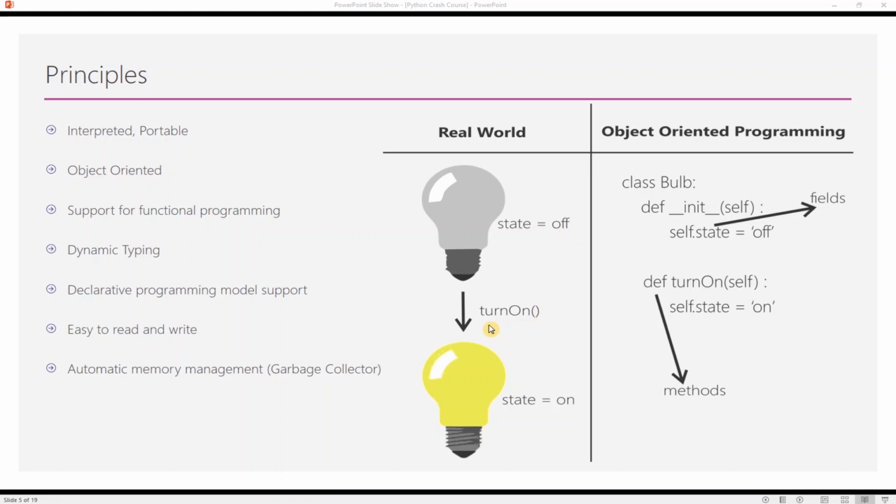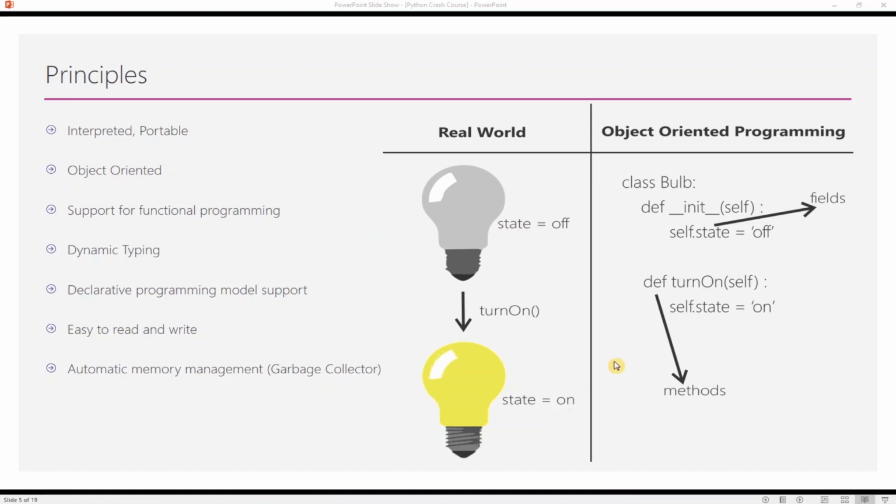And it has some behavior, like we can switch it on or off. So the current state of the object as well as the accompanying behavior that, when triggered, alters the object's current state by doing some internal processing, is how we perceive objects in the real world, and Python is no different.